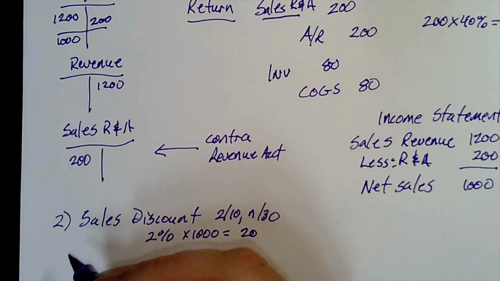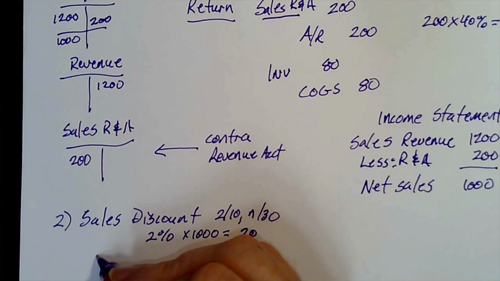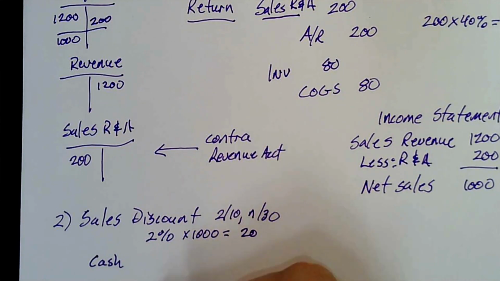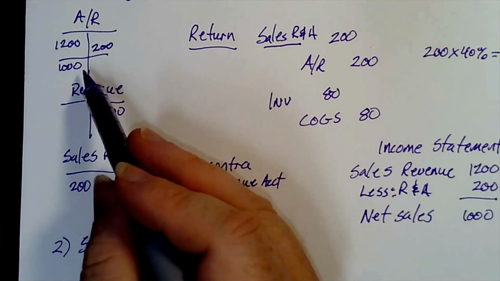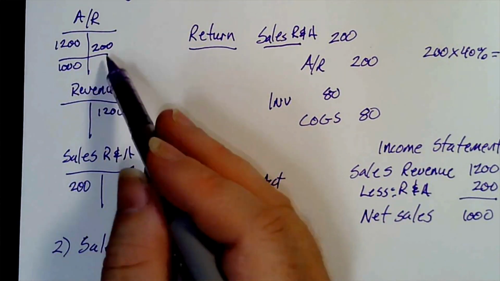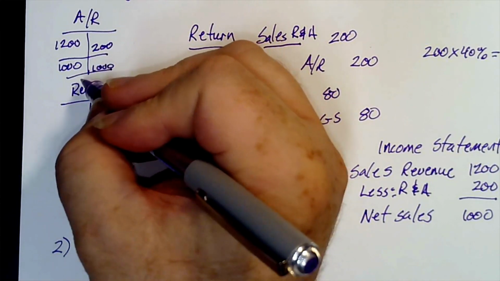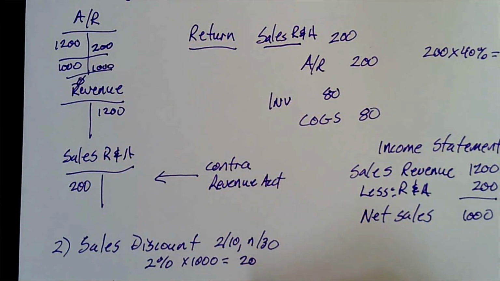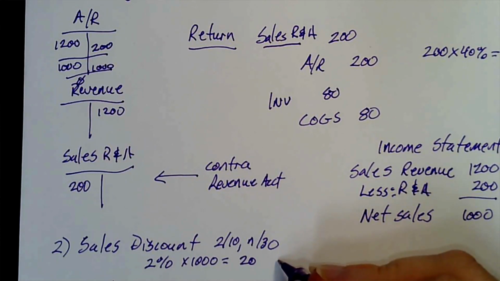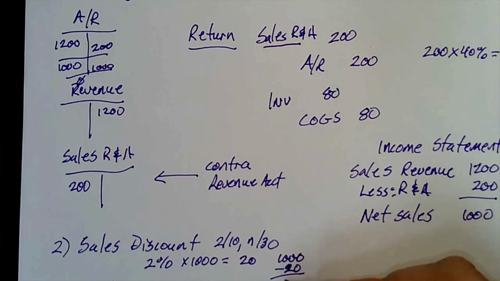So what does that account look like? Well, we're going to have cash, we're going to have AR. Now remember, whatever they pay us, we're going to get rid of the total bill that they owe us. So we're going to clear this bill. So the AR is going to be getting rid of the whole 1,000, but we're only going to be getting, what is 1,000 minus 20 equals 980, right?